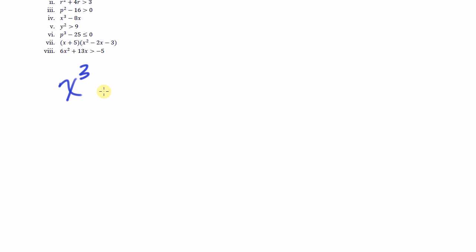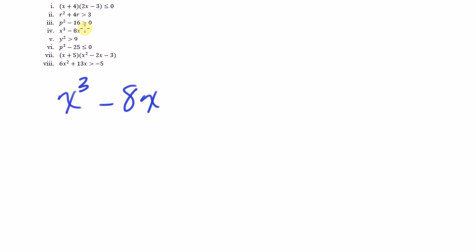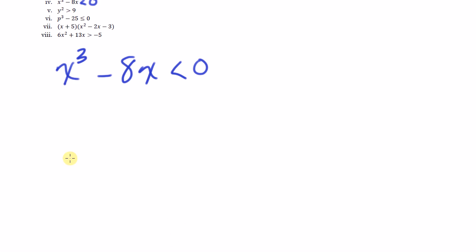We have x cubed minus 8x, and we want to know, oh, I didn't put anything on here. How about we put less than 0? Okay, so we're going to factor out x, and we get x squared minus 8.